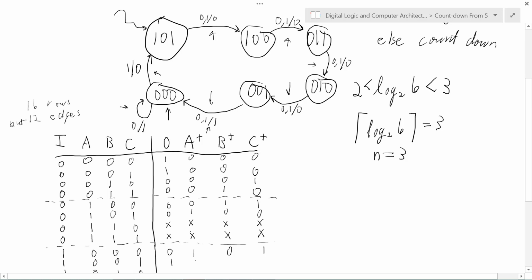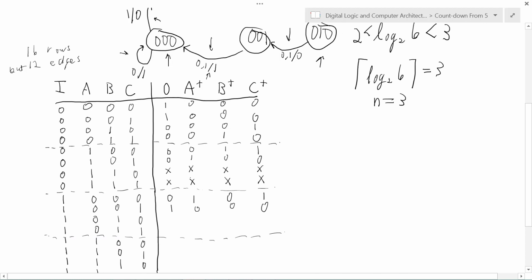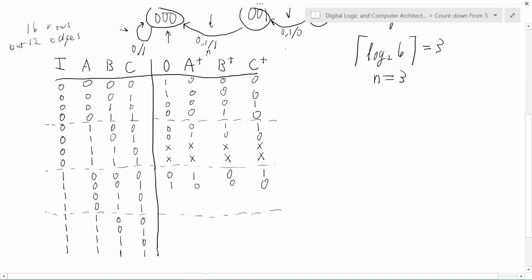Our next state is 0, 0, 0. On state 2, we take an input of 1, our output is 0, and our next state is 1.